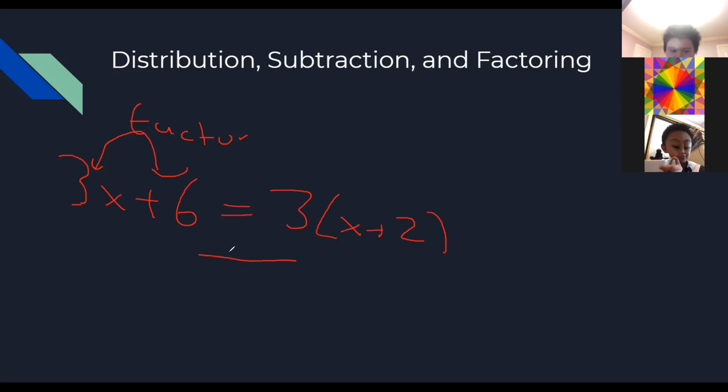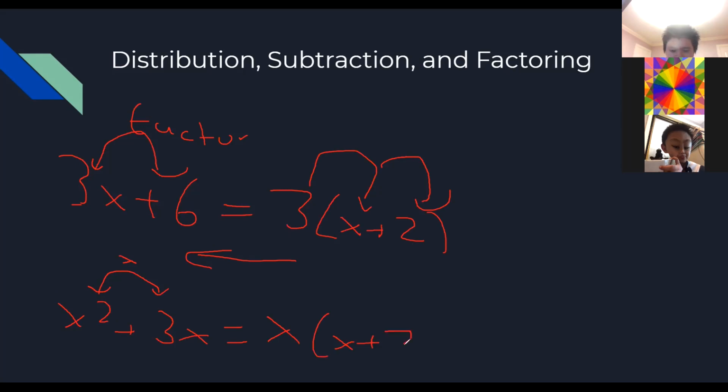If we were to do it the other way, you could see that 3 gets multiplied into x and into 2, showing how we could take back a common factor, like x squared plus 3x. They share the factor of x. So this can become x times x plus 3.